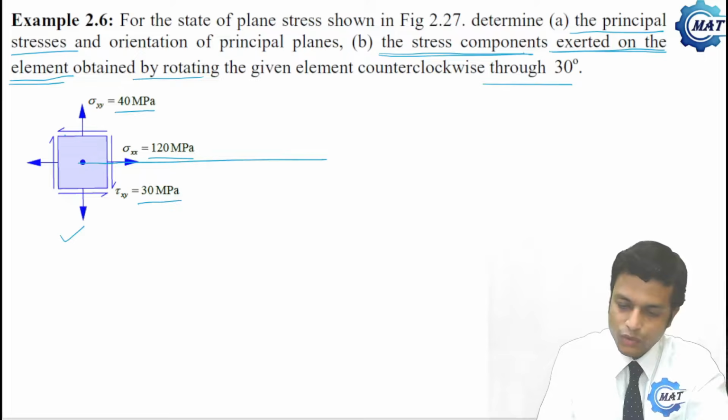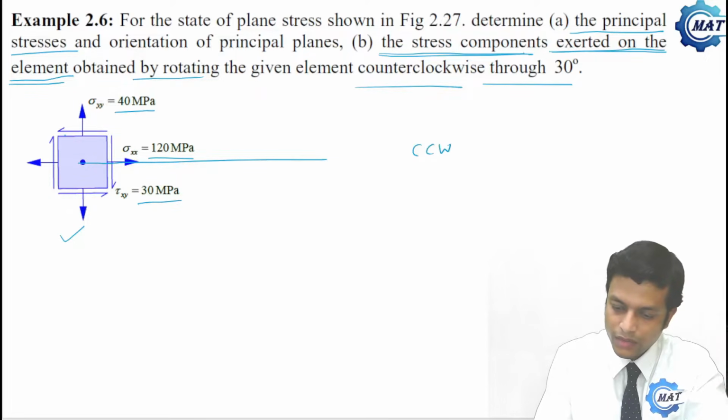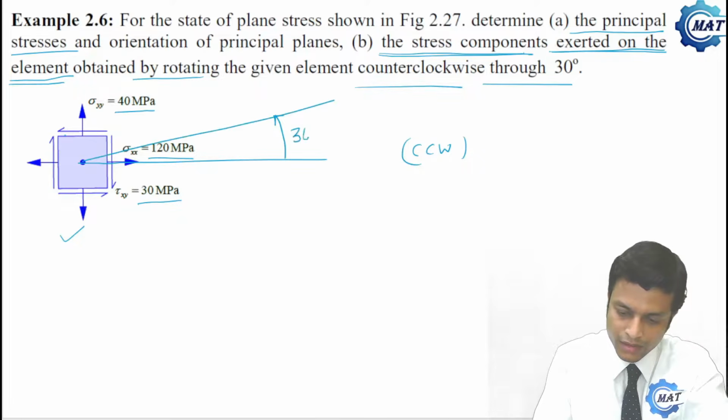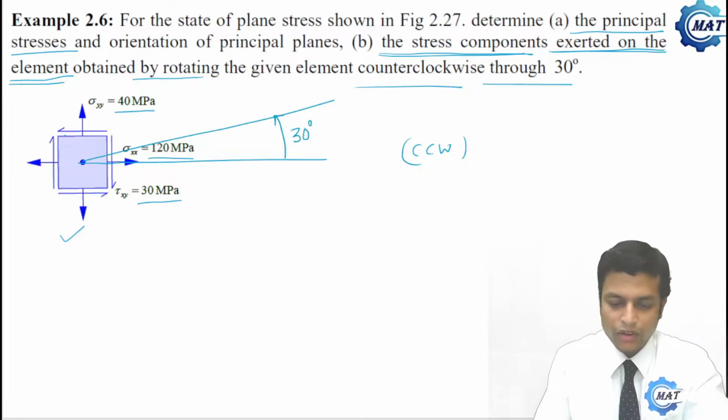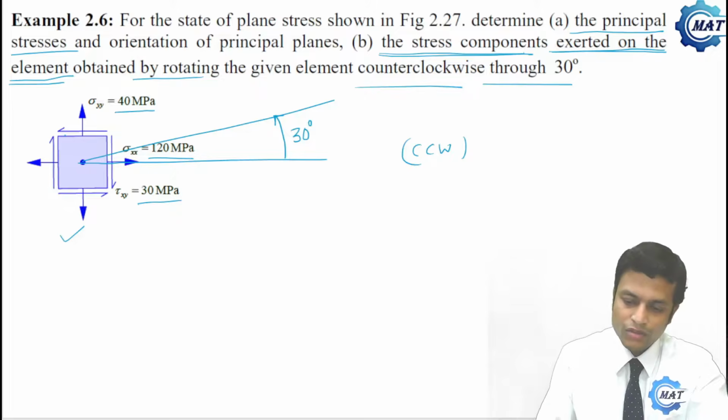Now we have to rotate this plane in the counterclockwise direction, that is CCW, through 30 degree, and we will do it from the Mohr circle. So first of all, let me once again draw the Mohr circle.